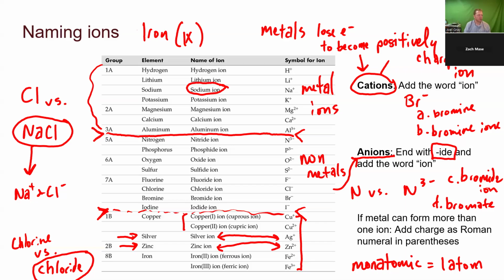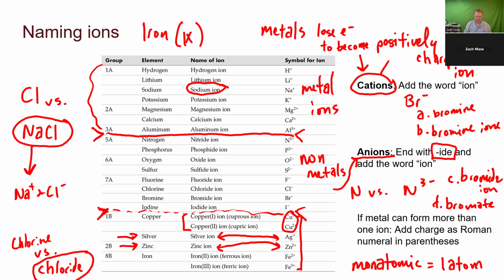And think about it in terms of copper. Well, we've got this copper cation, and then we've got this copper cation. So we've got two different copper cations, and so we use the Roman numerals there. But zinc, there's only one known cation. So that's why we don't use the Roman numerals for silver and zinc. If that makes sense, add a 1 to the chat.